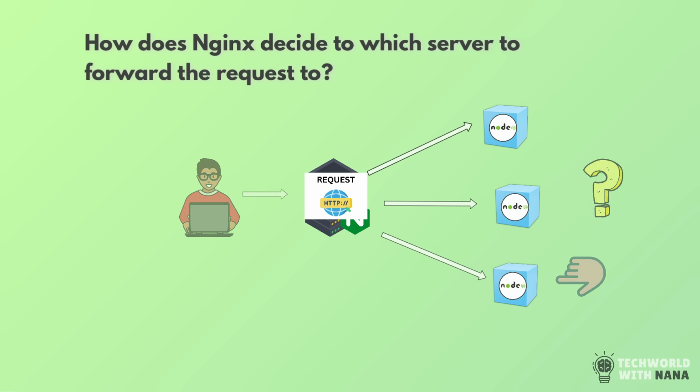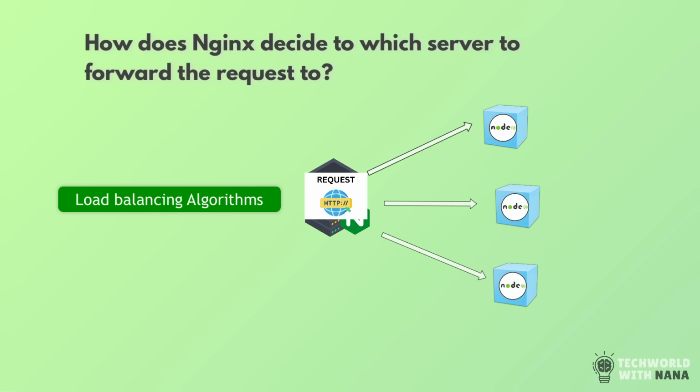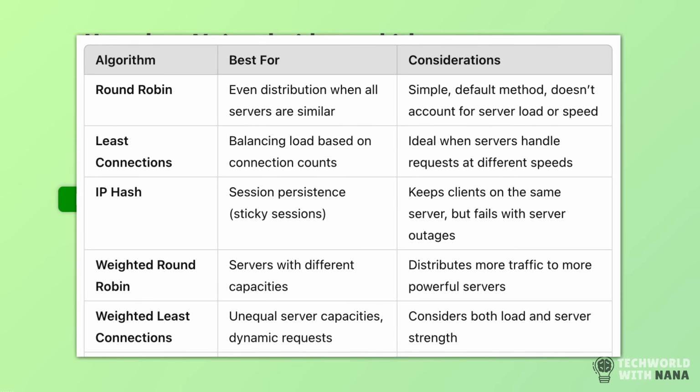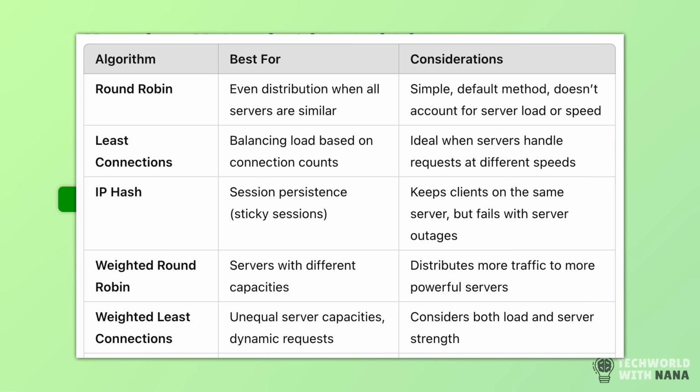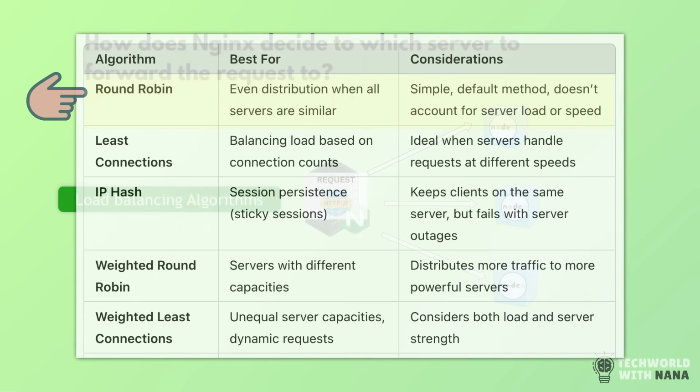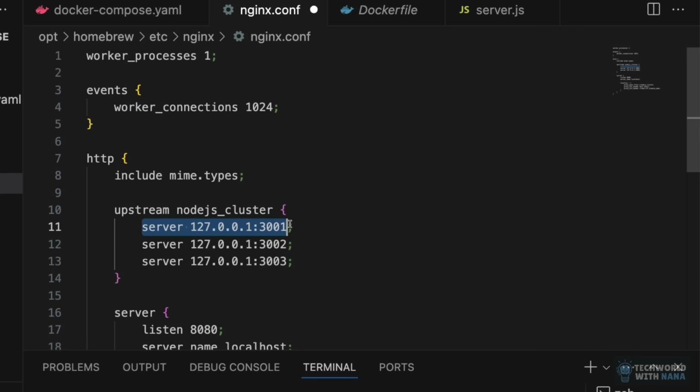That logic is defined by an algorithm, a load balancing algorithm. By default, this will use an algorithm called round robin, which basically means it will forward the first request to this one, the second one to this one, the third one to this, and the fourth one to the first again, and so on. So basically it forwards the request to each one in a cyclical order.